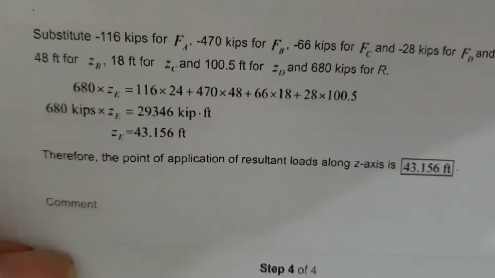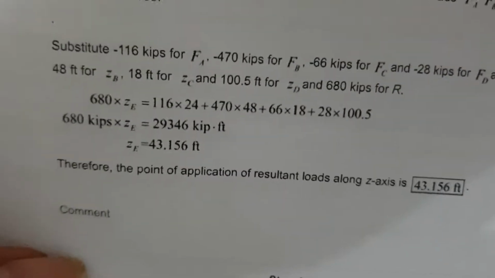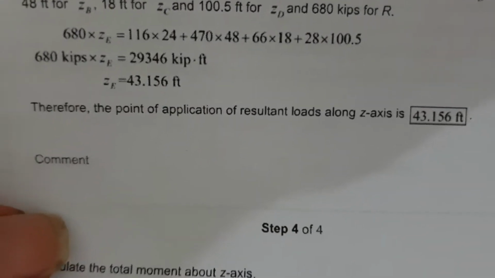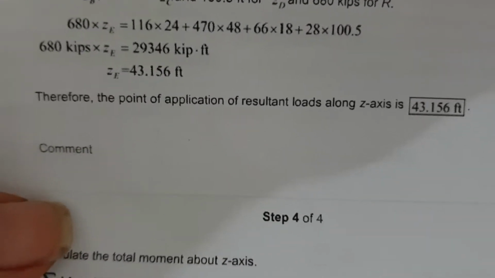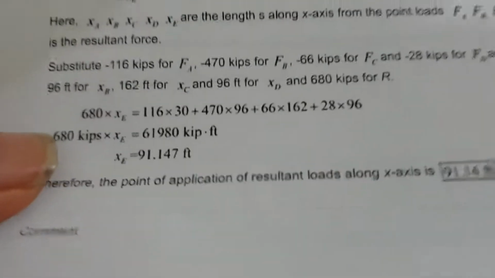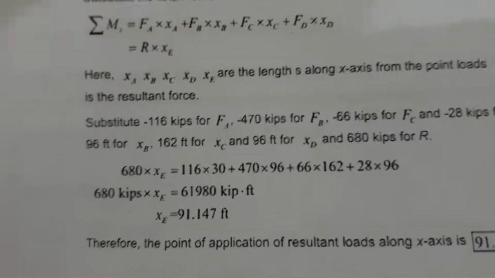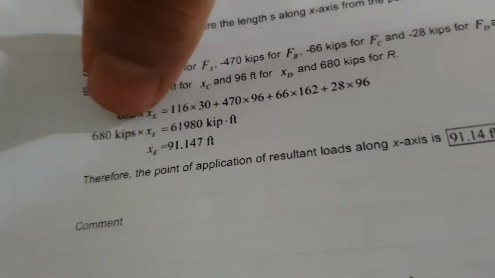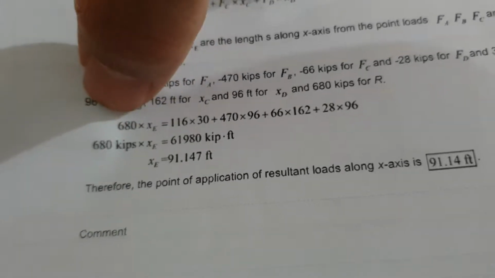Okay, now we found this. Now let's find the line on the x-axis toward the z, and we call this other point of application. It's along the x-axis. Okay, first of all, 680 times x, it's along the x-axis. 680 times x, it's the same resultant.